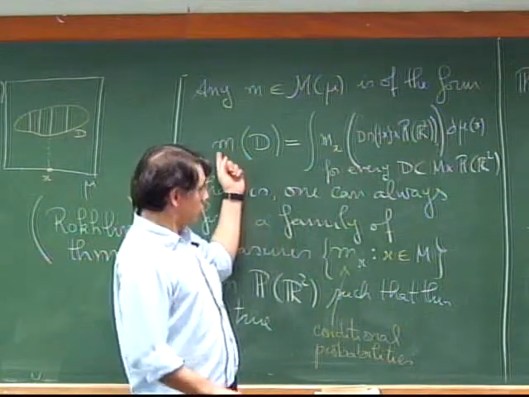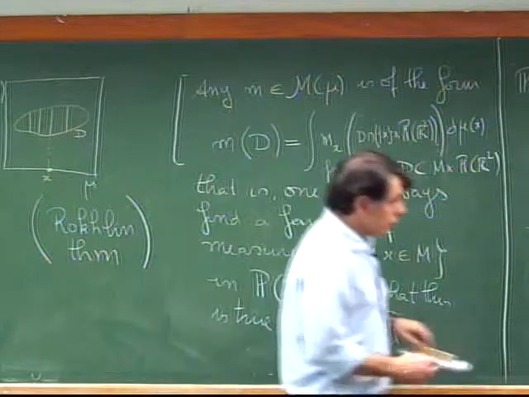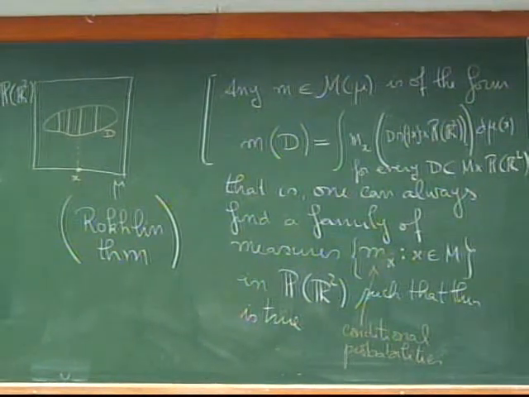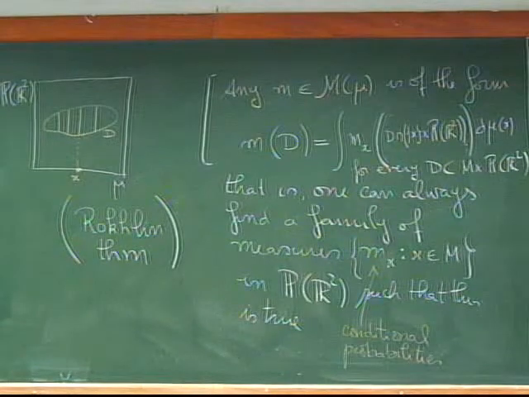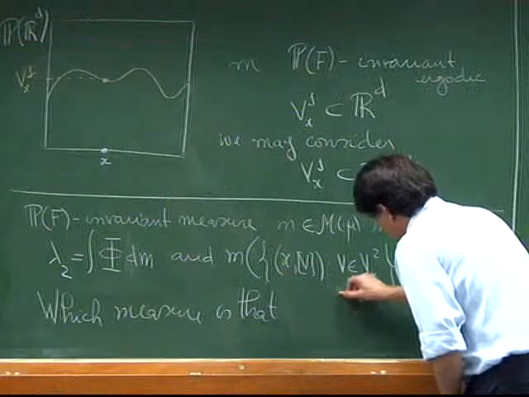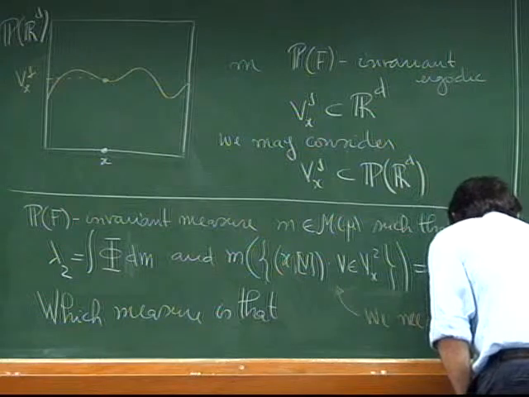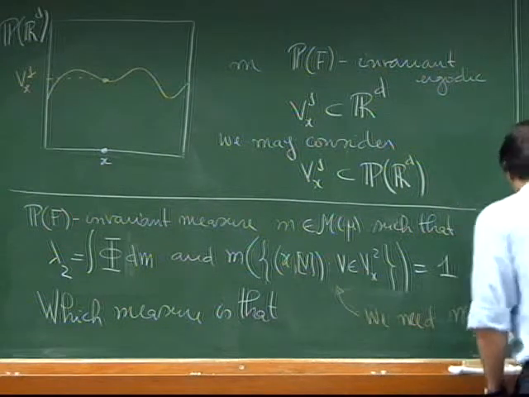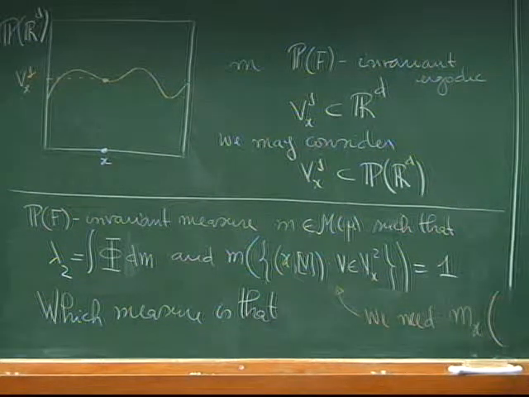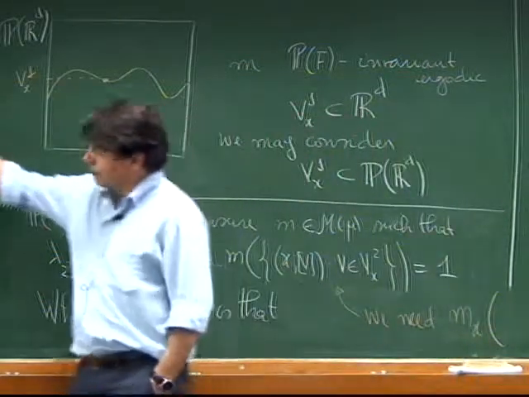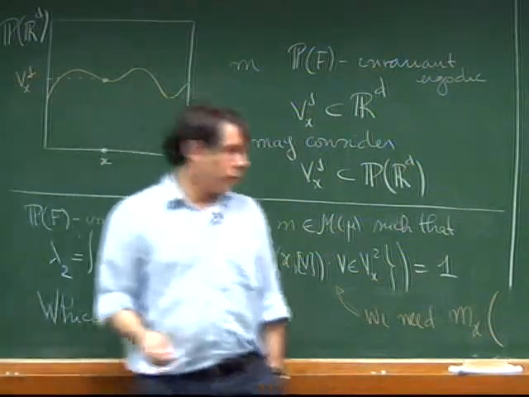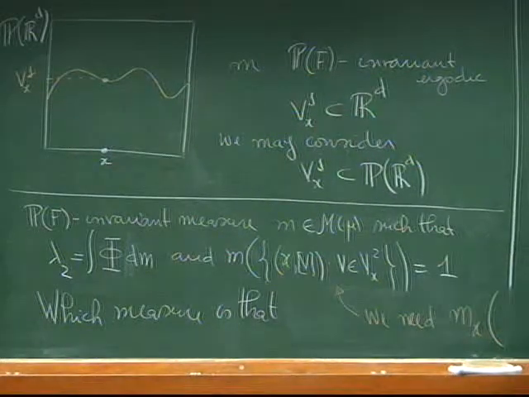So if I want the integral to be 1, we need that m_x that appears in the integral has to be 1 for mu almost every x.